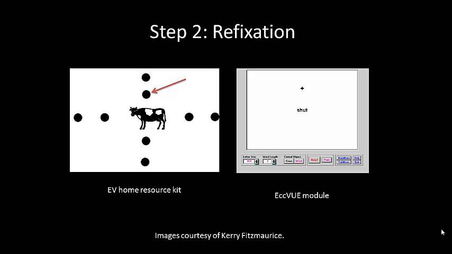Another is using an ECView module, where the same principle applies. On the right hand side there, we have a cross and the word shut underneath. So the patient makes a refixation movement superiorly, they make the cross disappear, and then the word shut will actually appear in the healthy area of macula, just under the foveal zone there.